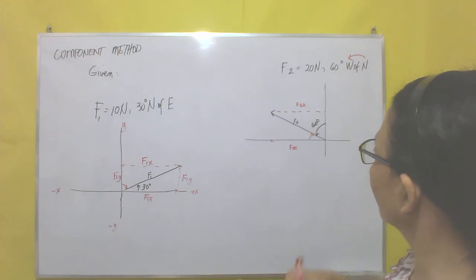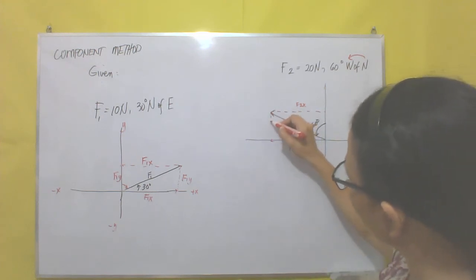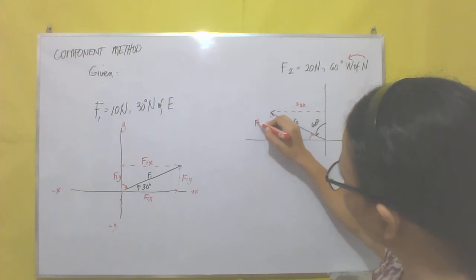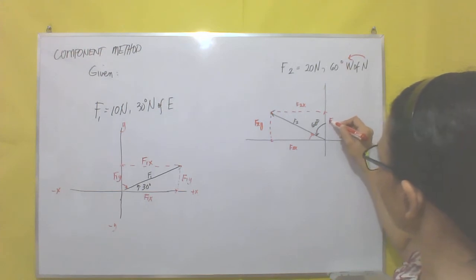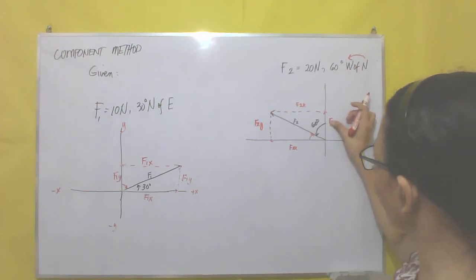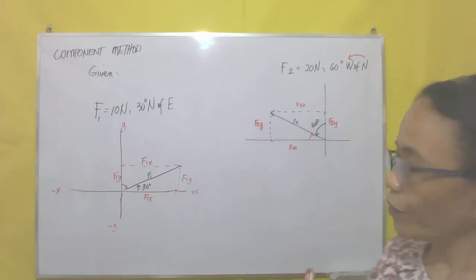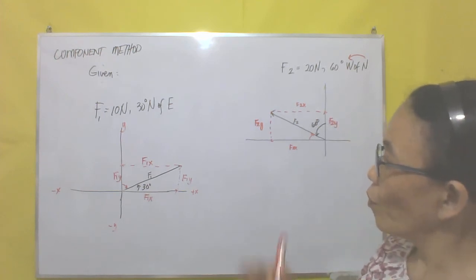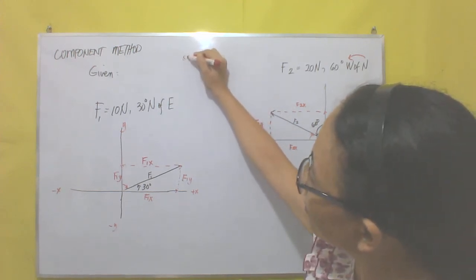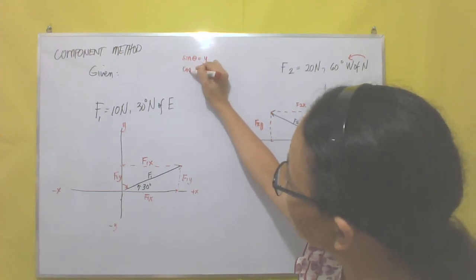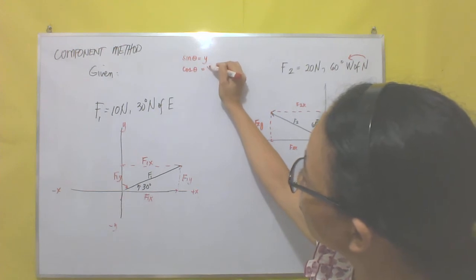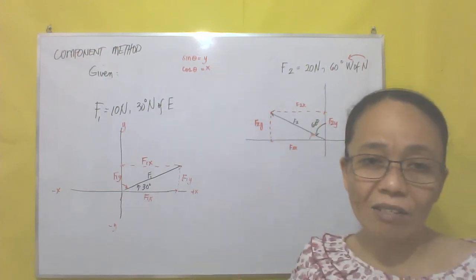Next, this is our F2y parallel to this line here, the positive y-axis, F2y. So this time, sine theta will be used for the y component, then cosine theta will be used for the x component.